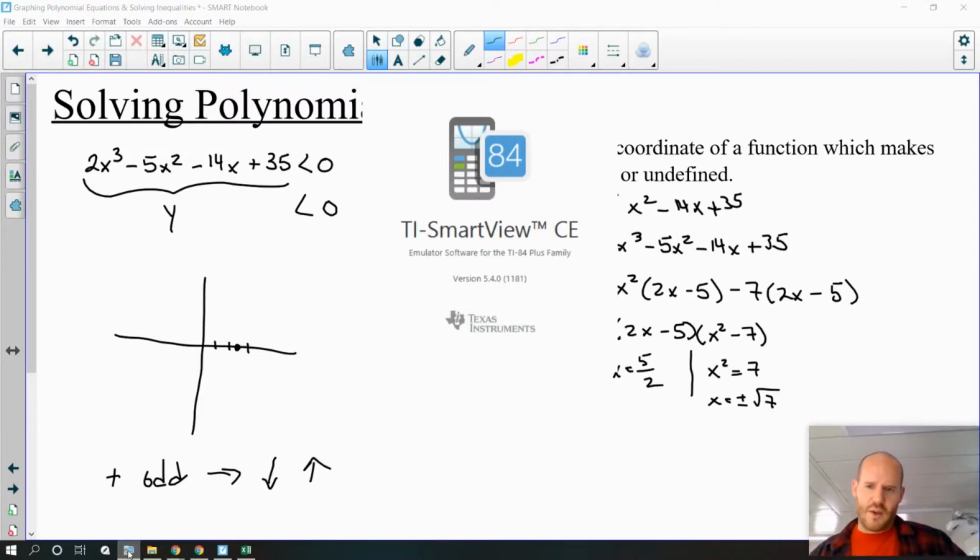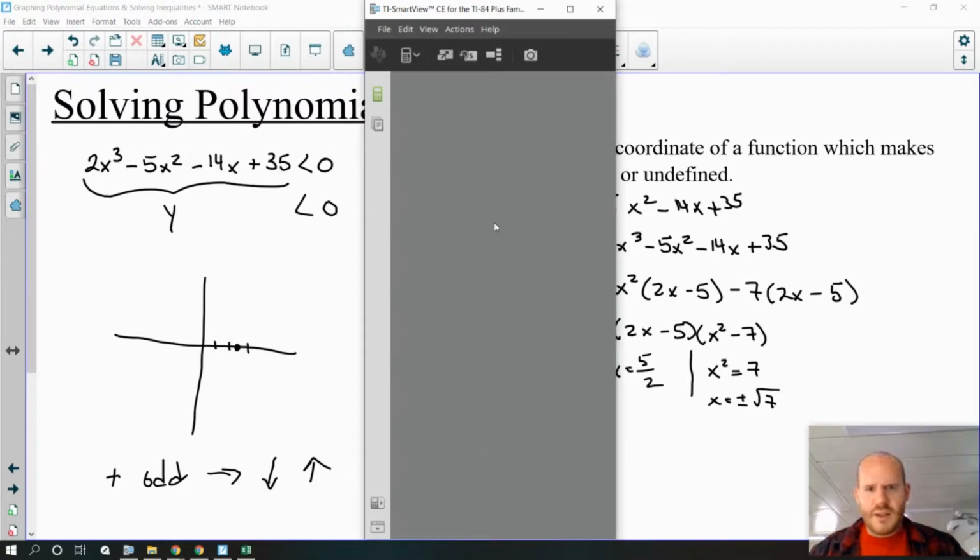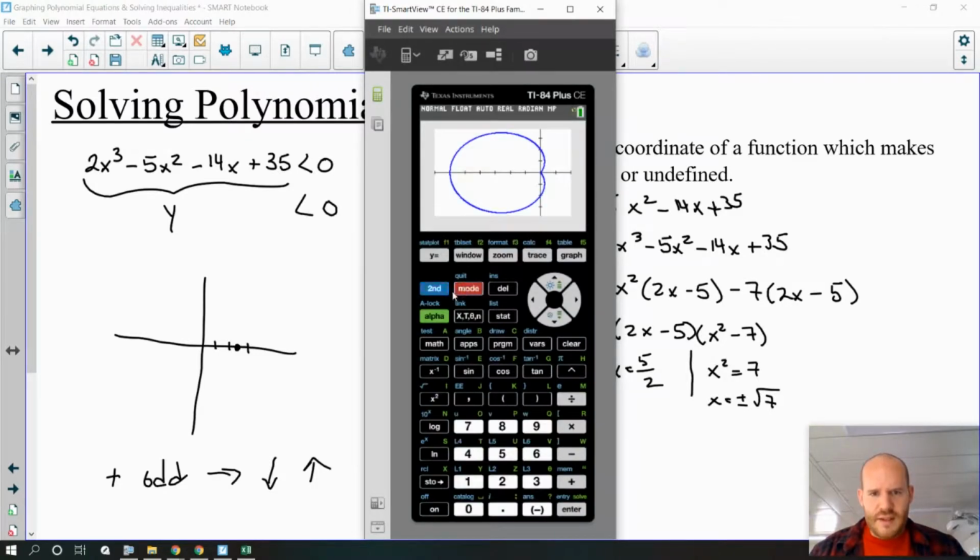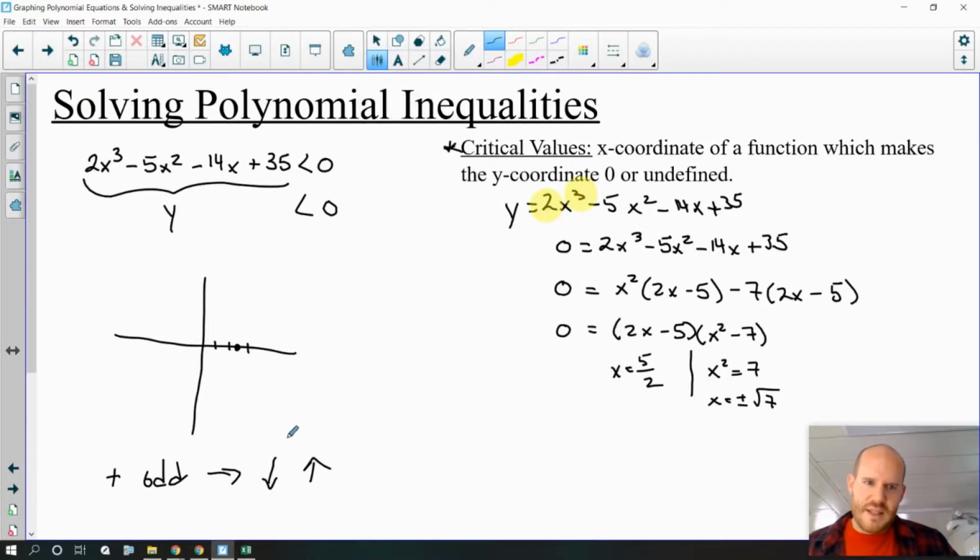I'm just waiting for my calculator to open so that we can confirm that the square root of 7 is in fact bigger than 2.5, at 2.64. So the square root of 7 is going to be slightly to the right of 5/2. I'll put it here. And then I also have negative the square root of 7, which is on the other side of my interval.